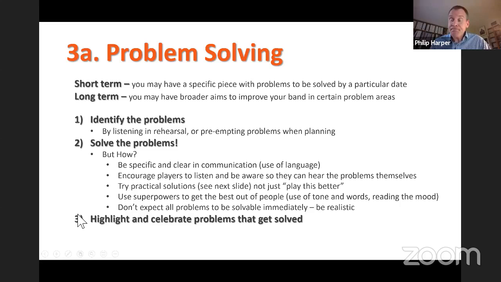And finally, for problem solving, make sure that you highlight and celebrate the problems that you have solved, because it's really easy as a conductor to forget to do this. If you've been working on something and you get it right, and then it's right from then on, or more often than not it's right, don't forget to tell your players that.